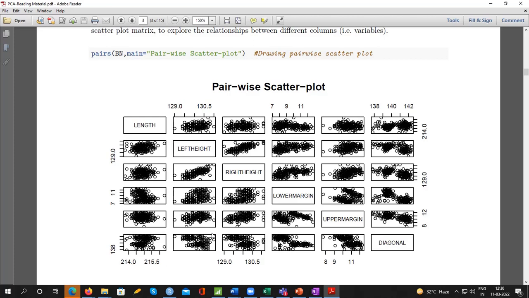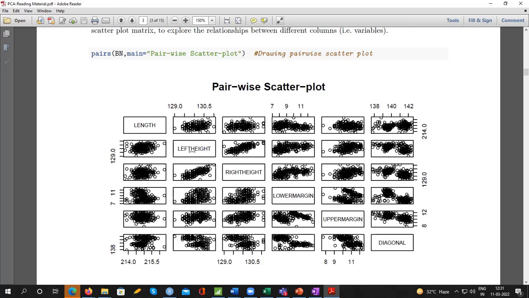Yes. No, ma'am. Can you explain? Okay, so see, I have 1 2 3 4 5 6 variables, so I get a 6 cross 6 plot. In this particular graph, my x axis is left height and y axis is length. So this graph is of left height and length.